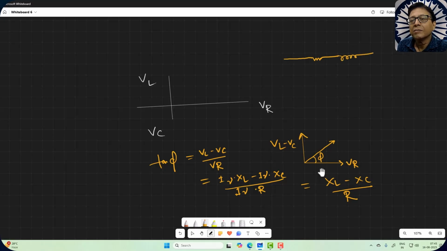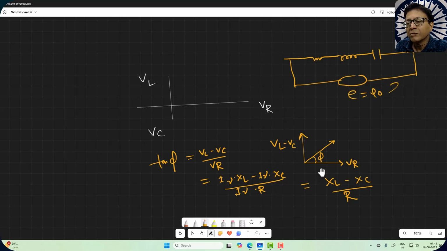Resistance, inductor, capacitor, and this is the applied EMF, E equal to E0 sin omega t. Because along the resistor, the current, whether you take the maximum value or the RMS value, I and VR are in the same phase.